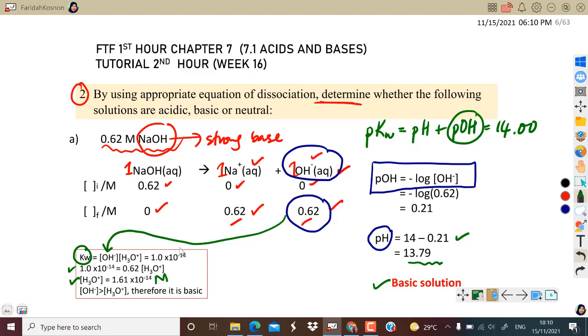Jadi kita juga boleh gunakan kaedah ini nak tentukan acidity or basicity. Kita compare. So, from the comparison, the concentration of OH minus is greater than hydronium ion. Therefore, it is a basic solution. Jadi, awak boleh guna mana-mana cara, nak guna Kw ataupun nak guna pH. Okey, kalau tak faham, kita tengok soalan seterusnya.